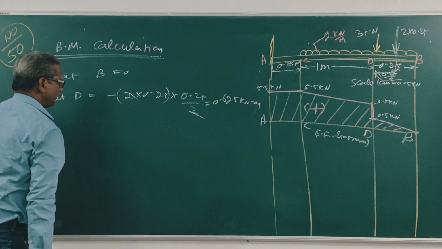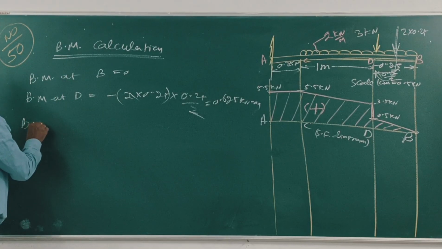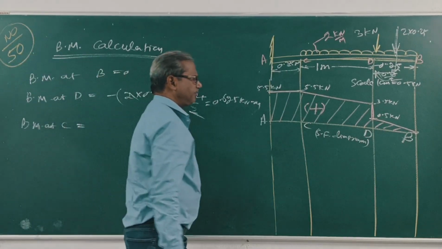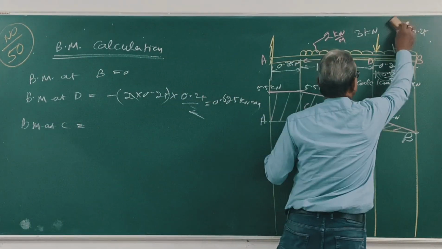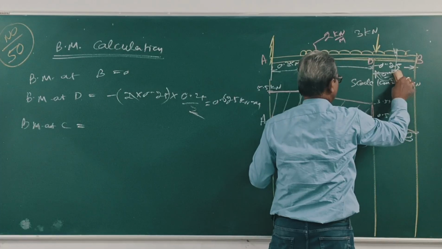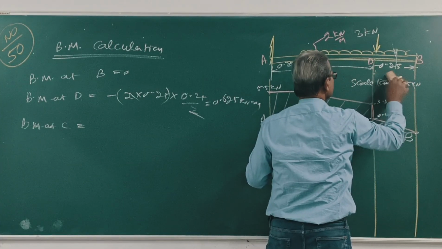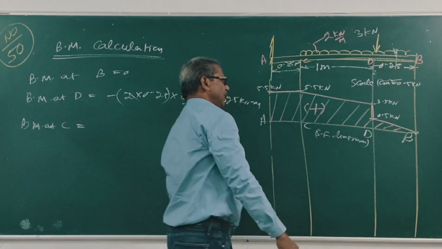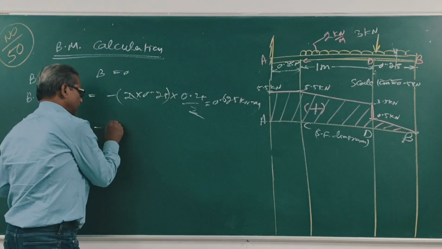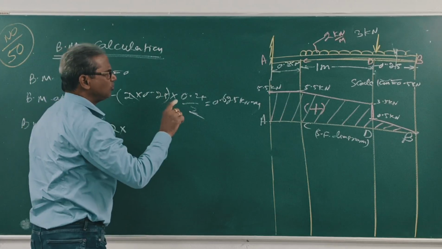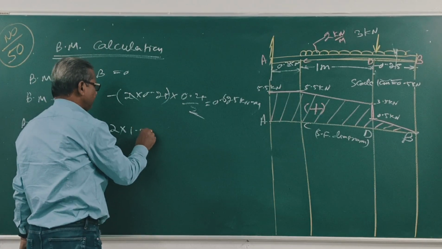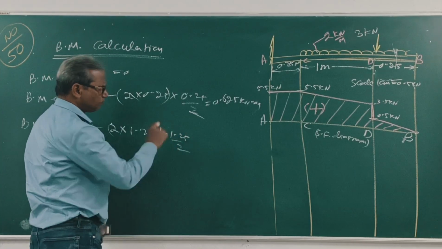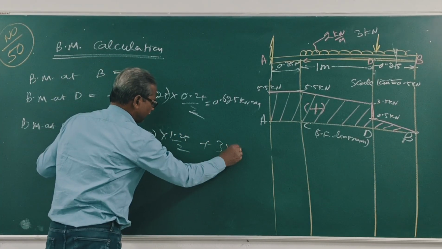Clear? At C, BM at C. For C, this will not be considered in the total. Now this is 2 kilonewton per meter for a length of 1.25. Clear? So minus 2 into 1.25 into 1.25 by 2, plus 3 into 1.